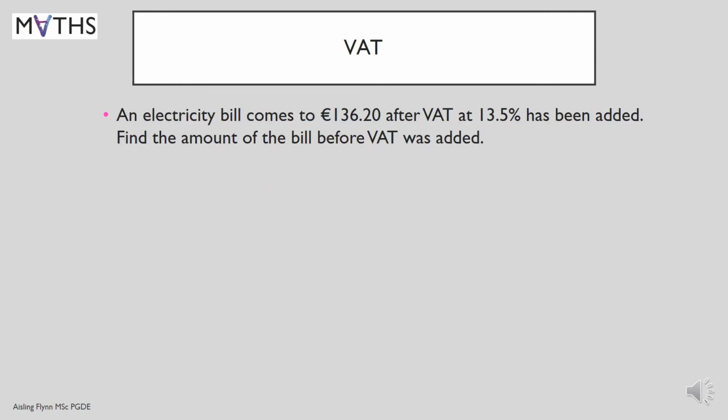An electricity bill comes to €136.20 after VAT at 13.5% has been added. Find the amount of the bill before VAT was added. Okay, so again, we're starting after VAT, so we're starting at more than 100%. €136.20 is 100% plus 13.5%, so it represents 113.5%. Now we'll work backwards to find 1%. So we'll take that amount and divide by 113.5.